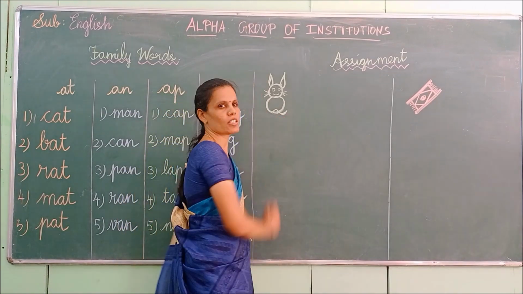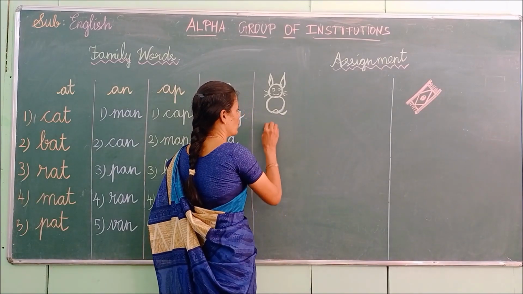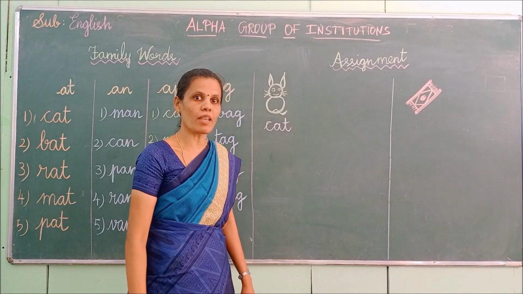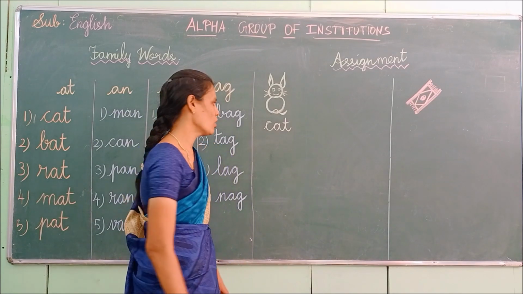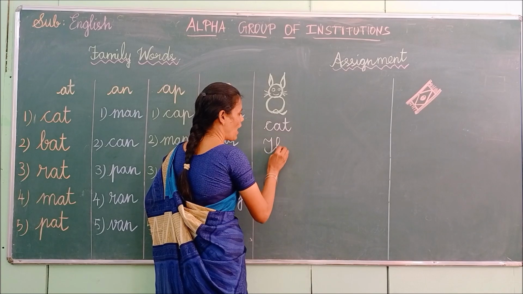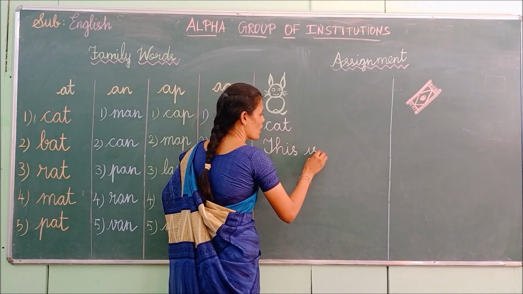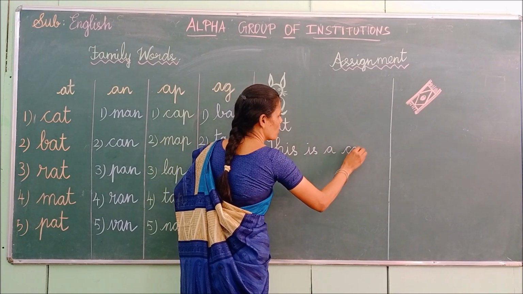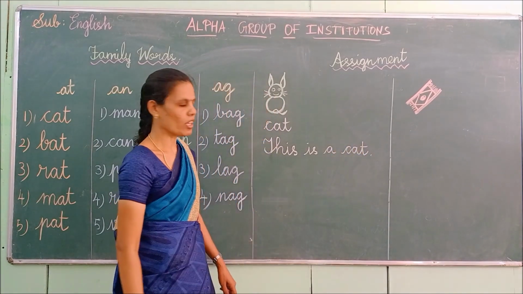What is this? This is a cat. Now you are going to frame sentences. This is a cat. Read one more time.